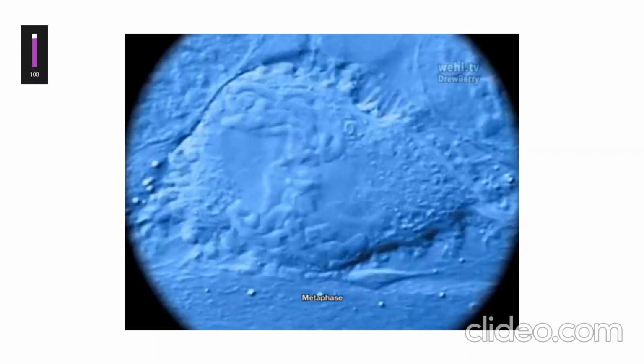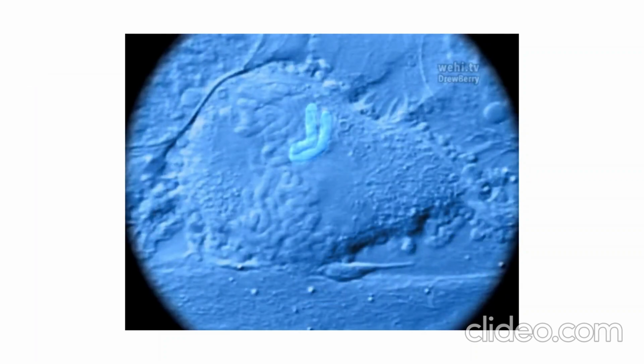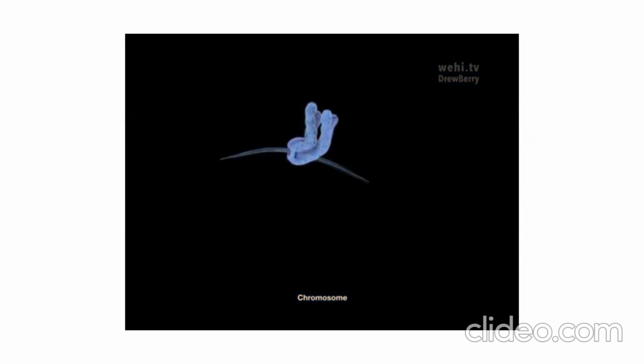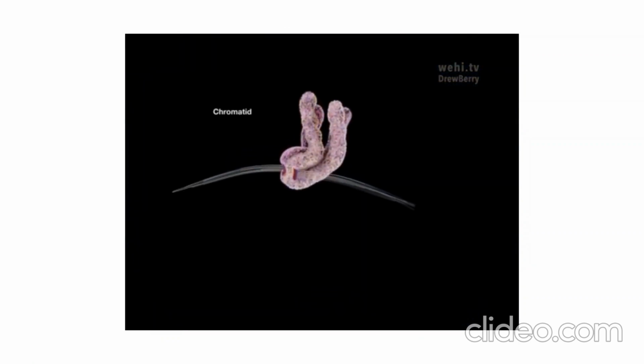This visualization isolates a single chromosome at mitosis. The chromosome contains two identical copies of DNA. Each DNA molecule is packaged up into one of the sausage-shaped chromatids.